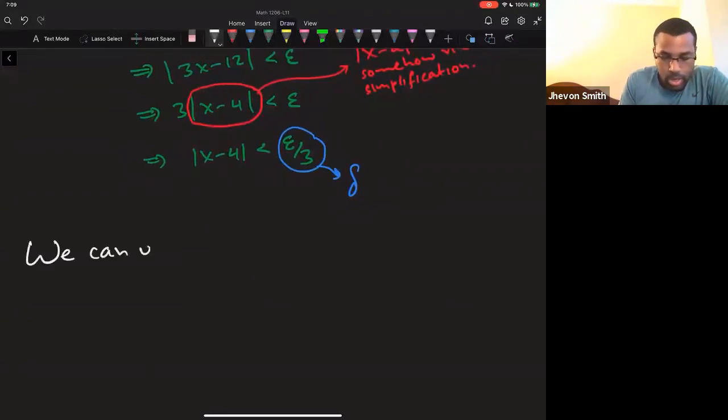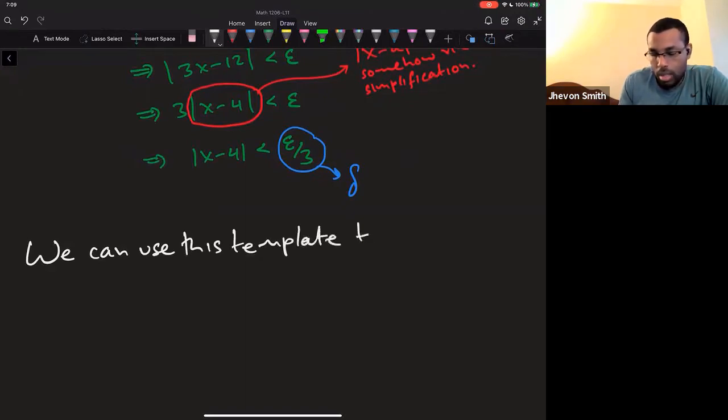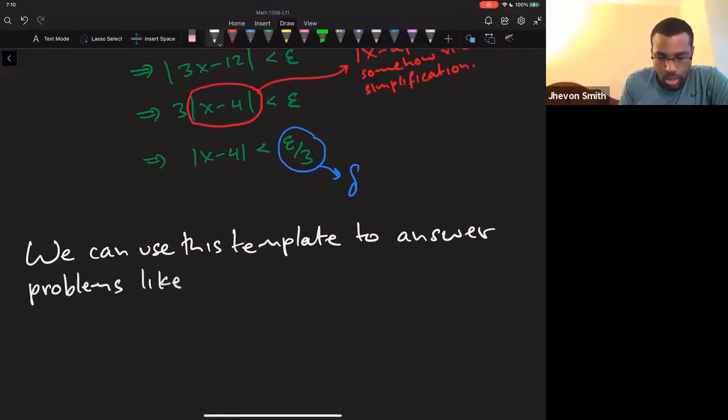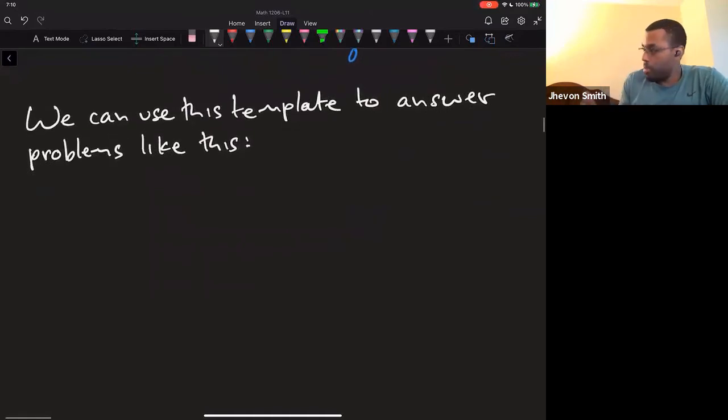So we can use this template to answer problems like this. Now, when you become a math major, if you become a math major, you'll learn about how to prove things in general, and this proof is going to make way more sense to you because you'll have a lot of background behind it.